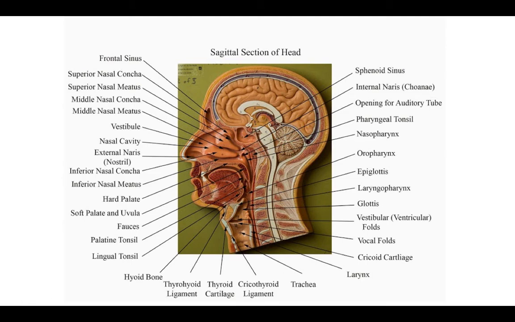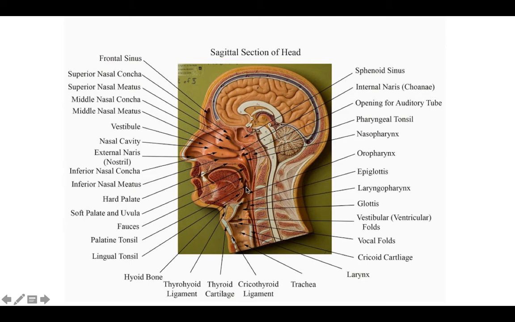Other things that you're going to see in the oropharynx are the palatine tonsils. So here, this little structure right here is a palatine tonsil. Those are the tonsils that a lot of times when we talk about having your tonsils removed, you have to have your palatine tonsils removed. So again, you can see those on either side.